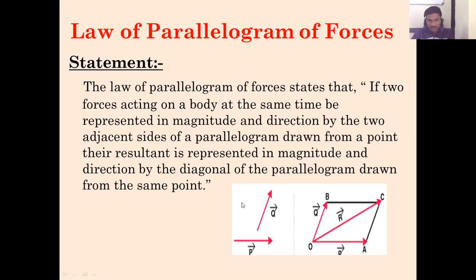There are certain conditions. Number one, there should be two forces acting on the body. But how should those two forces be? We can say simultaneously. They should act simultaneously or at the same time. Both the forces should act simultaneously. It is most important.